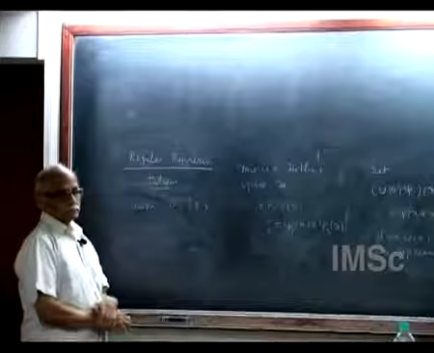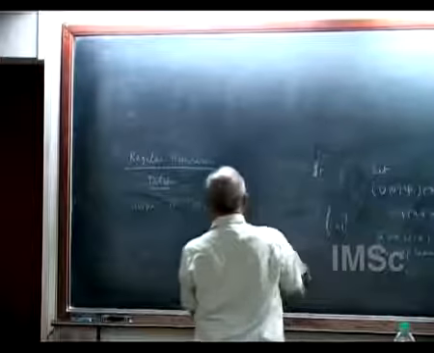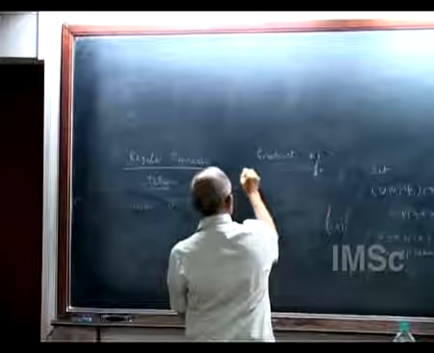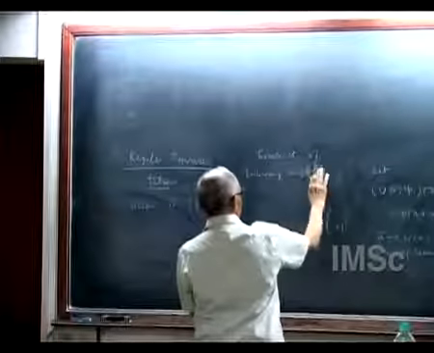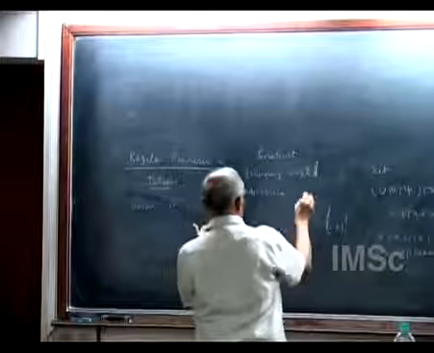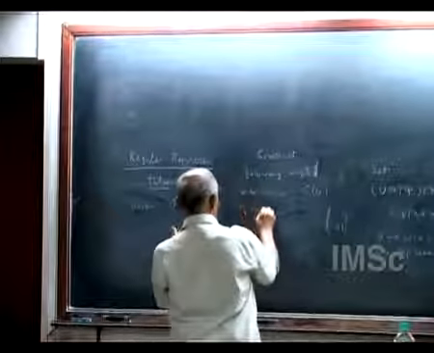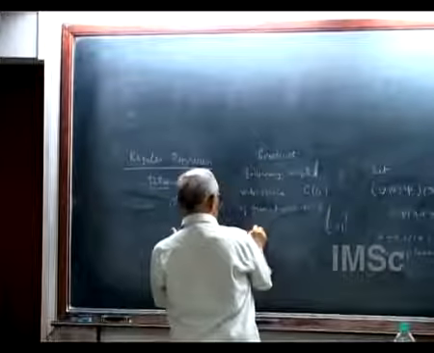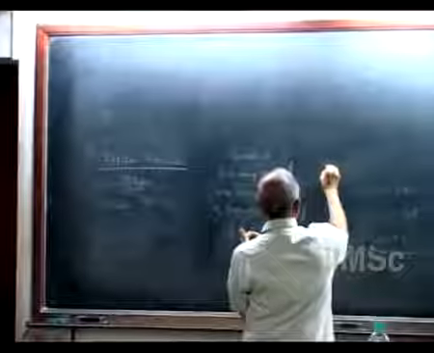First, I will construct the following complex vector space of functions on G, C of G. So f in C(G) means f of g is a complex number.